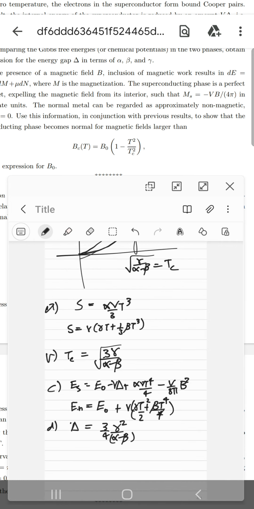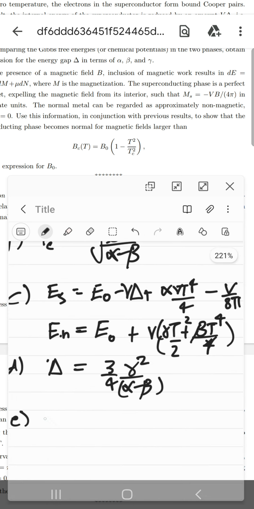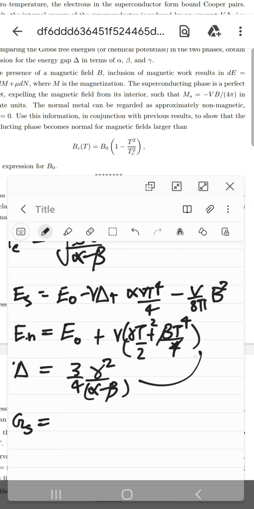Right. Cool. Now let's do this thing. So what's the Gibbs energy for the superconducting phase? Delta you already know, it's just this quantity. I am quite tempted to put that in there actually. Yeah, right. So let's just actually do that. It's just E naught minus V delta plus this whole bizarre thing.